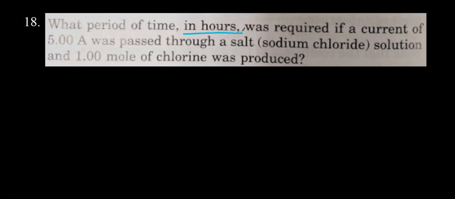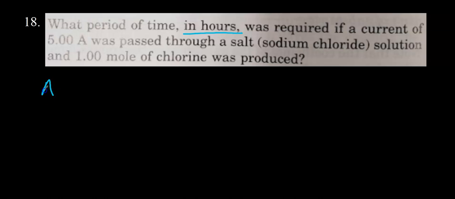So again, same situation as before. We have an electrolysis of an aqueous solution, this time sodium chloride. This time though, we are looking for time. We're given the current and we're looking for time.